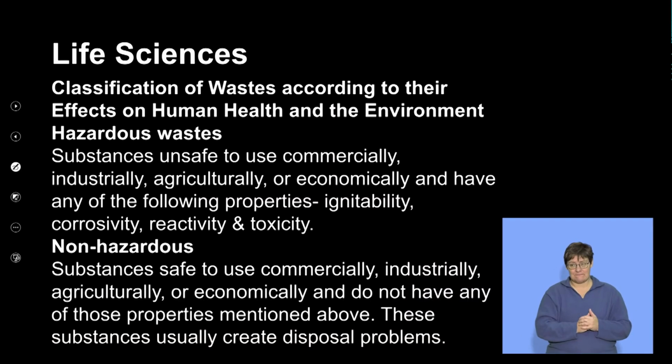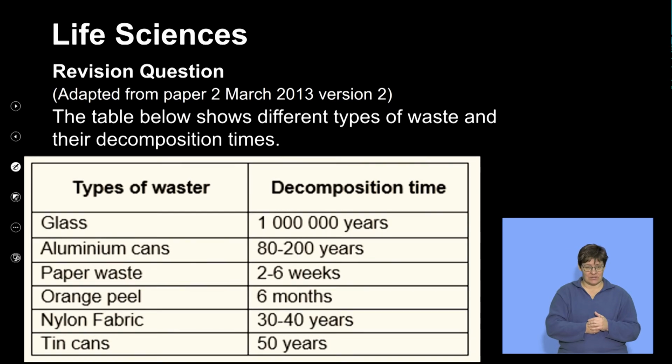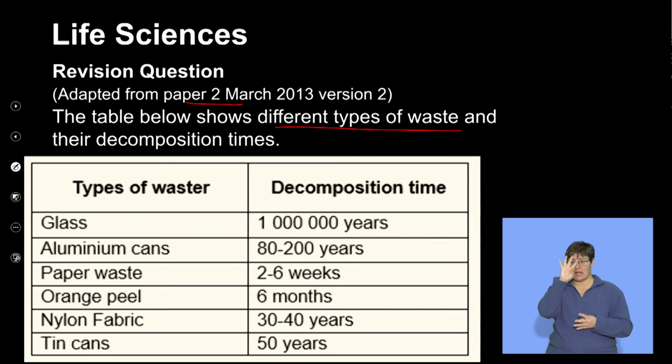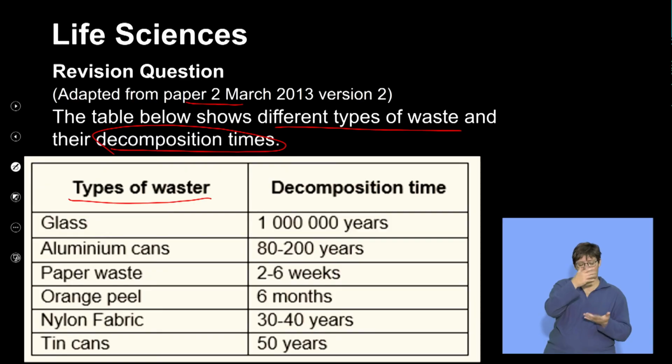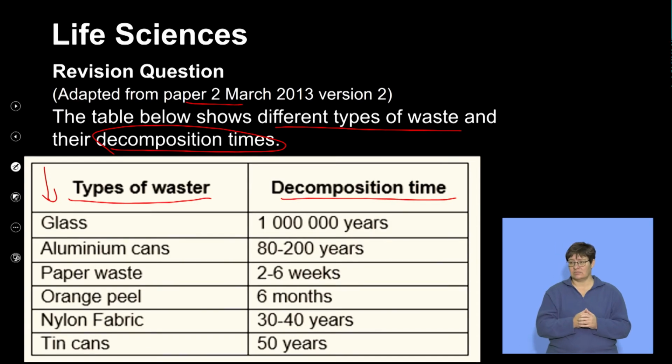Right. So guys, we're going to get on to one question before we wrap this segment up. This question is adapted from a paper in March. It shows a table with different types of waste and their decomposition times. So we've got different types of waste indicated down this column, and we've got the decomposition times of these waste.